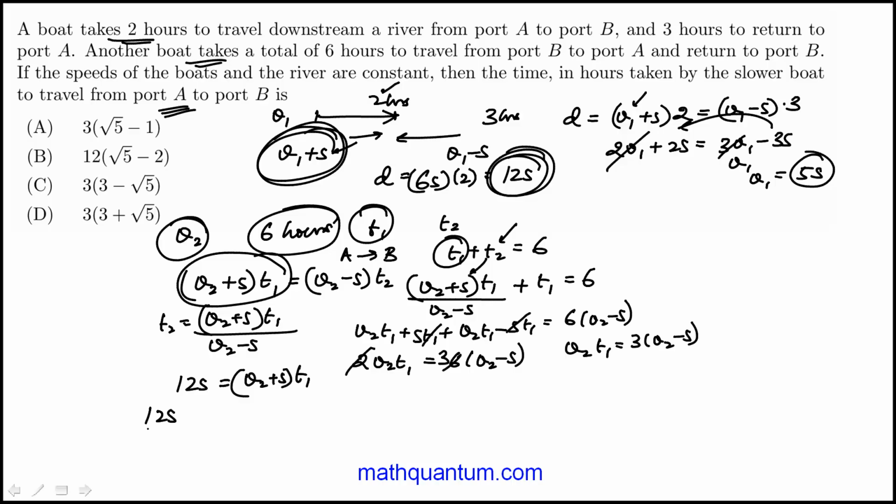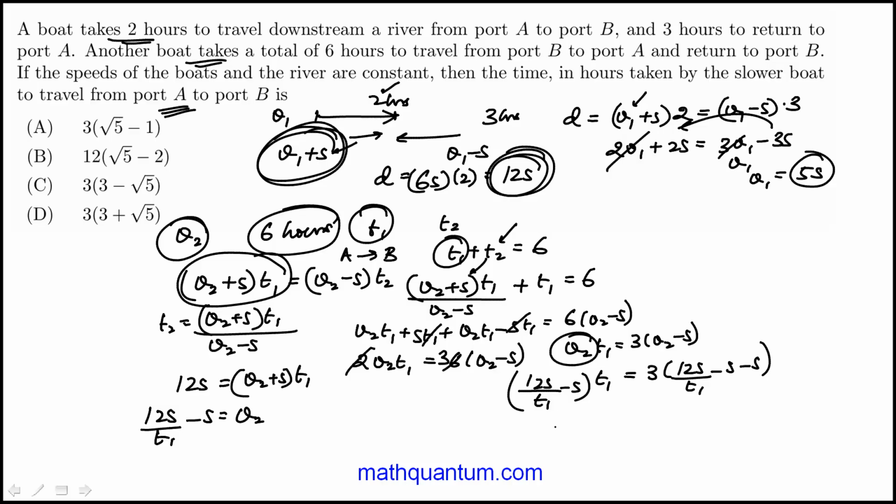So I can substitute that here. Essentially, I'll end up with an equation that has only t sub 1, which is what I'm interested in. And then I'm going to multiply both sides by t sub 1. You'll also notice that the s drops out. That just becomes 1, and that's going to become minus 2.